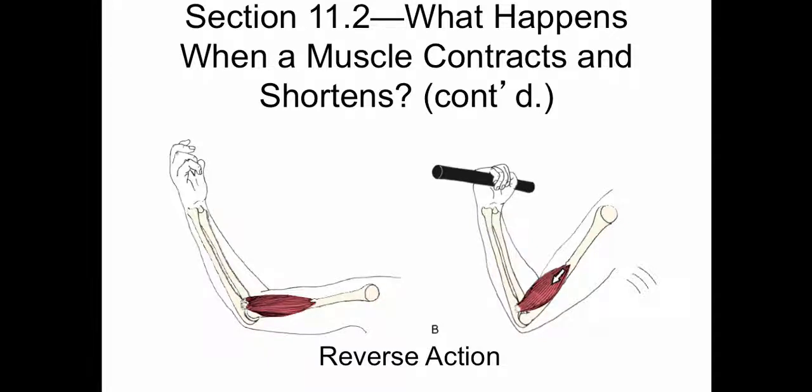It attaches to the humerus of the arm and the ulna of the forearm, and it crosses the elbow joint. In the illustration on the right, the brachialis is performing flexion of the arm at the elbow joint. The forearm is fixed, holding onto the fixed bar, and the arm is mobile. Usually the arm is fixed and the forearm is mobile. Therefore, this is a reverse action.